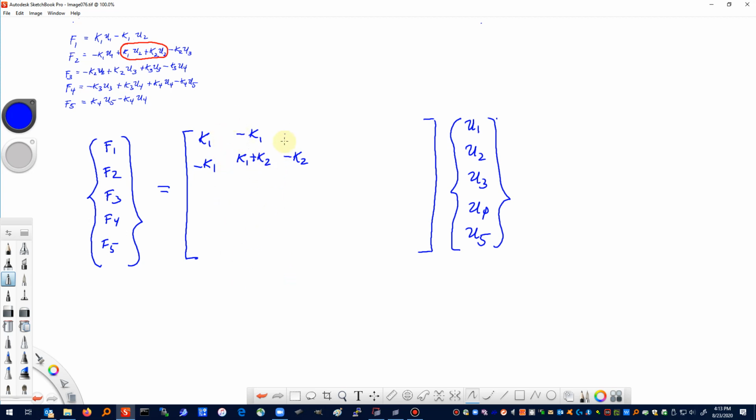Alright, so I'm trying to keep my columns a little bit separate. Now I have my F3. F3's got a U2, U3, and a U4 term in it. Okay, so it's a minus K2, and here there's a K2 and a K3. And then I'm going to have a minus K4.